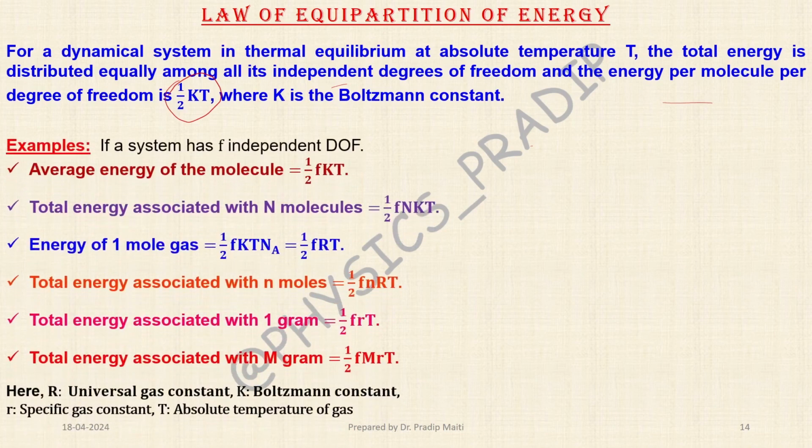Here is an example. If a system has F independent degrees of freedom, the average energy of the molecule is half F kT. Total energy associated with n molecules is the energy of each molecule multiplied by the number of molecules, that is half F n kT.